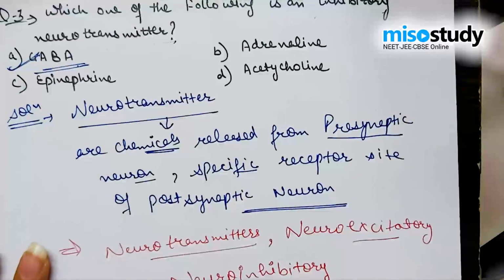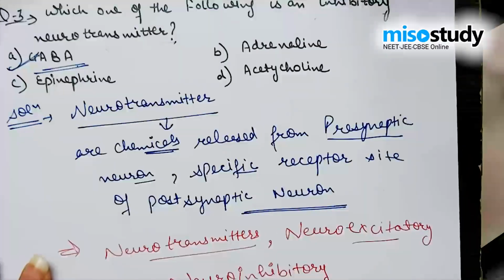GABA is the abbreviated form of gamma aminobutyric acid.